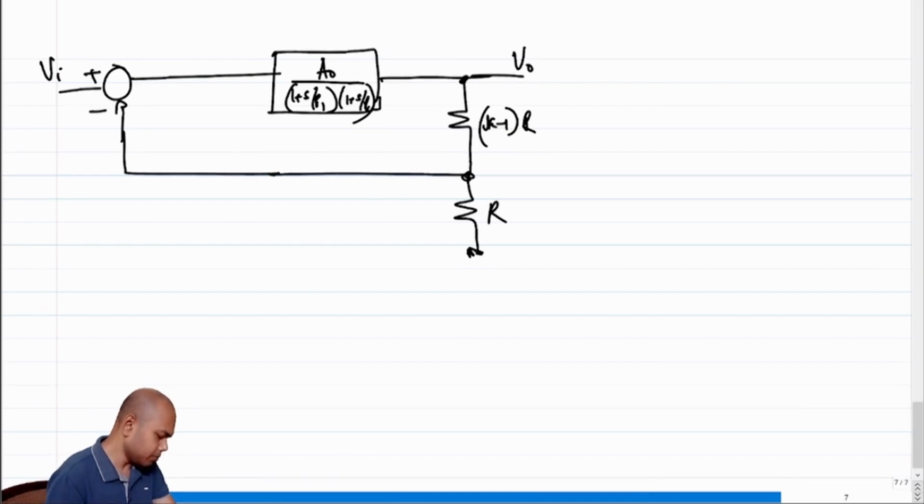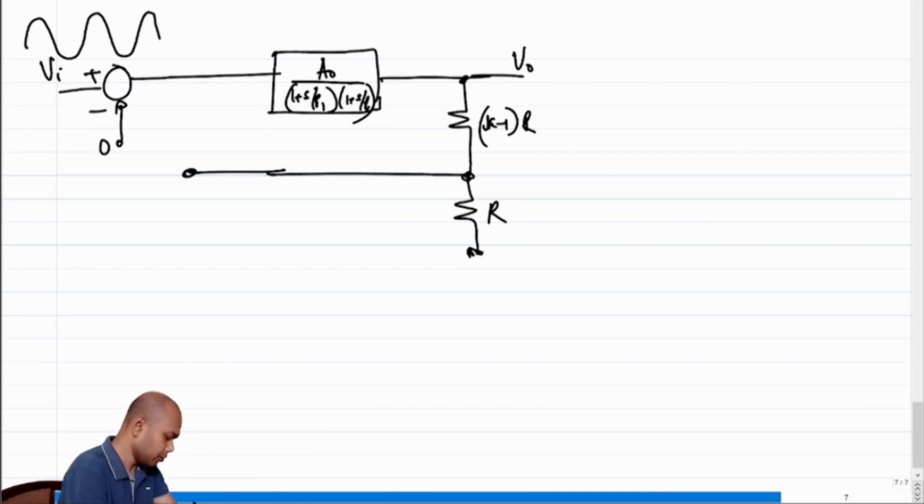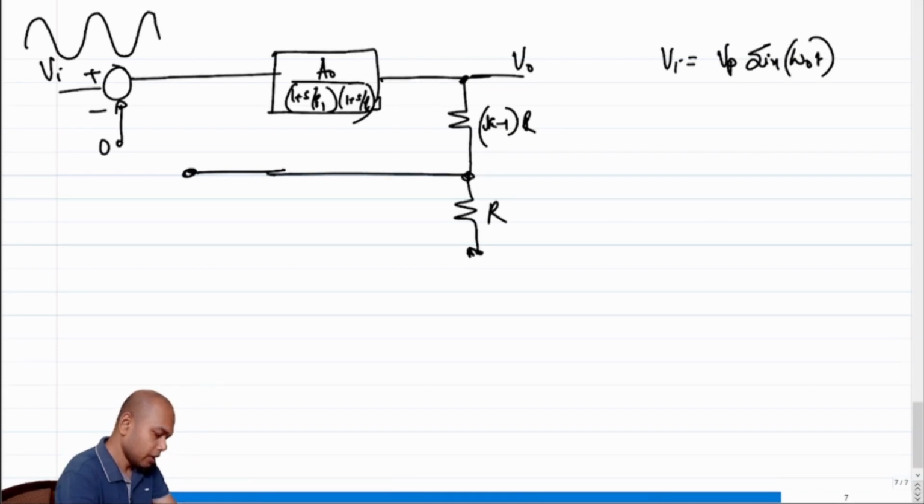So let's assume this feedback is not on, so let's say this is broken, and this is how it is. Let's further assume that the input is a sinusoid of some frequency, Vi equal to Vp sine omega naught t, and let's assume omega naught is much less than P1, P2.